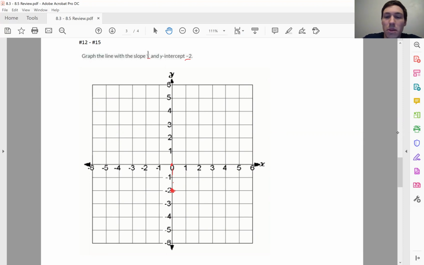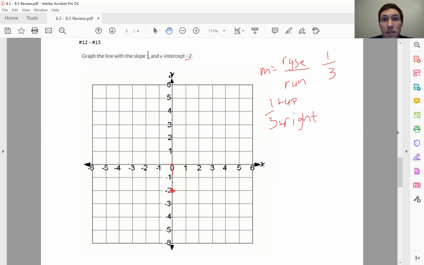My slope, remember that's m, is rise over run. In this case, that's 1/3. So the 1/3 means up 1, and this means right 3. Because it's positive, positive is up. On the bottom, positive means right.